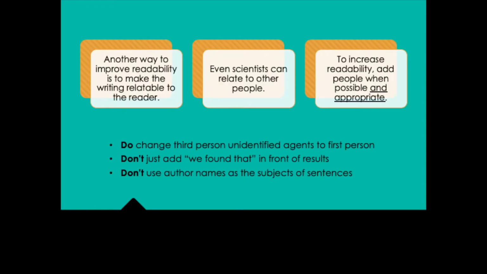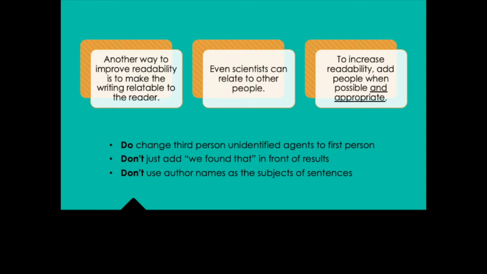So one way to increase the readability is to add people as much as possible when it's appropriate, and not just people, but add agents to your sentences. I talked about that already in the examples that we looked at previously about taking a sentence that has no agent and making an agent in that sentence. It might not be a person. It could be a person.